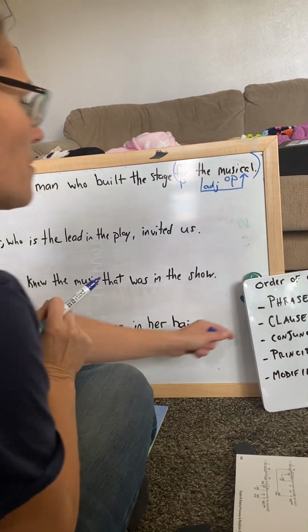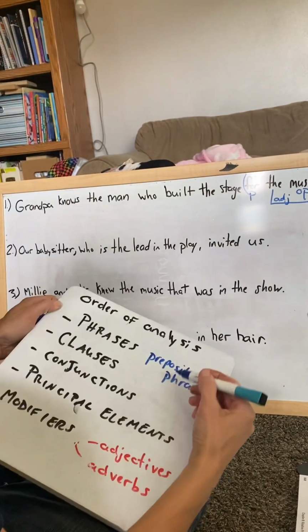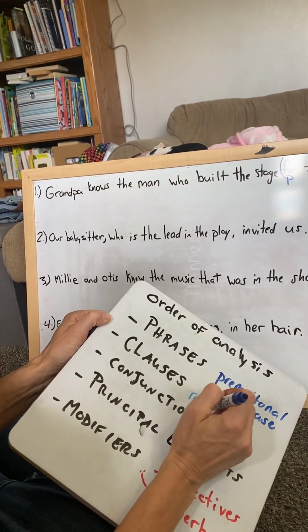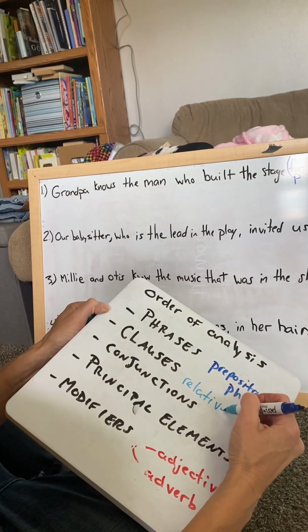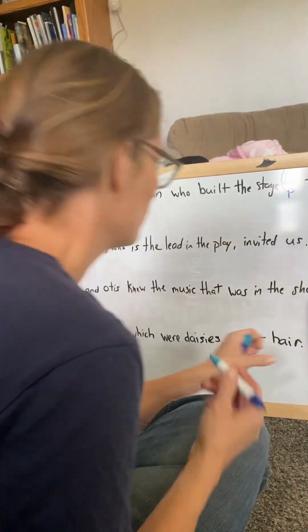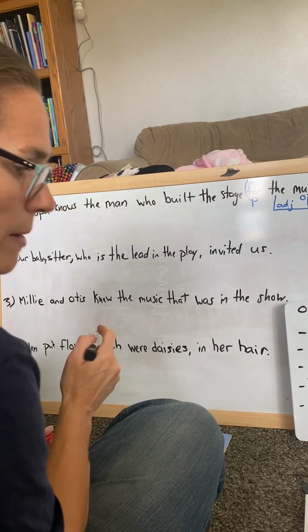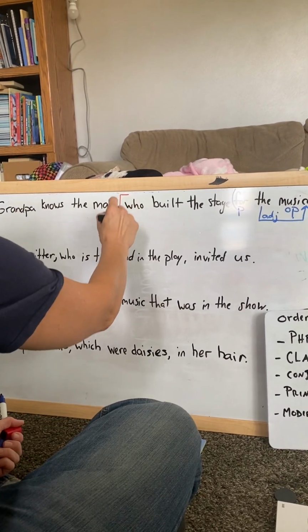All right. Are there any clauses? We're looking for a relative pronoun this time around. Relative pronouns: who, whom, whose, which, that. I see it. Where is it? Who built the stage. And remember, oh wait, that's not the whole thing.